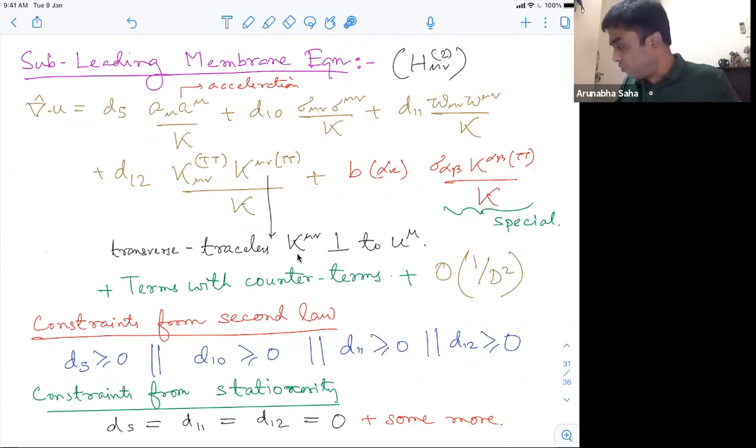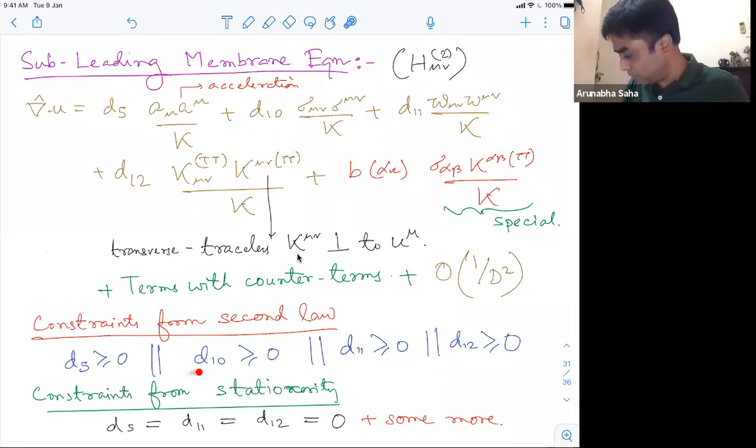Now, for all these four terms, we can see that they are positive definite, because in some sense they only have spatial components, since all of them are orthogonal to velocity. So the only constraint one would require to impose, if this term was not there, is that all of these coefficients be positive definite, for there to be a consistent second law.